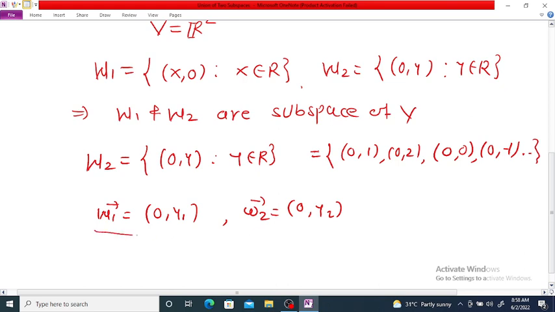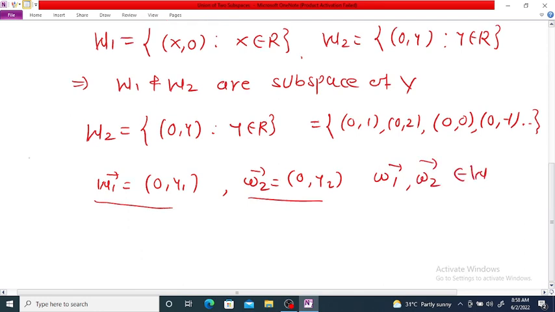So if you take any two vectors from W2, then their vector addition is (0,y1) plus (0,y2), which is equal to (0+0, y1+y2).